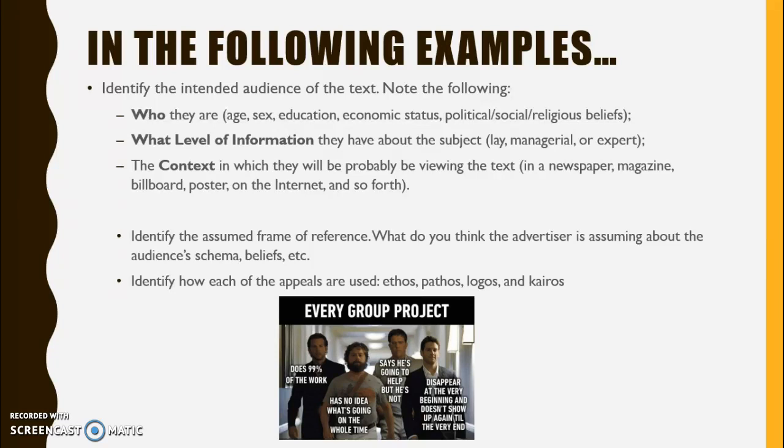Who's the perfect person that this ad could go out to? And finally, we want to identify how the appeals are being used: ethos, pathos, logos, and kairos. So for each of the following ads, pause the video and try and identify these levels of detail in how this ad is being constructed to appeal to a specific community and how effectively they're doing that.